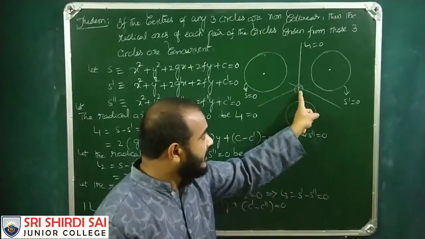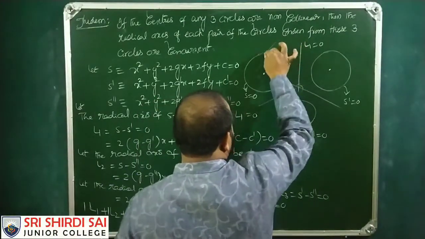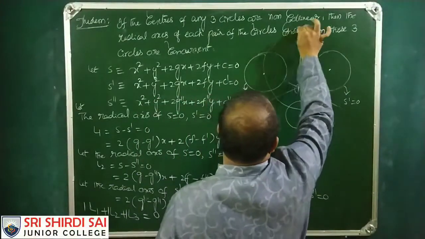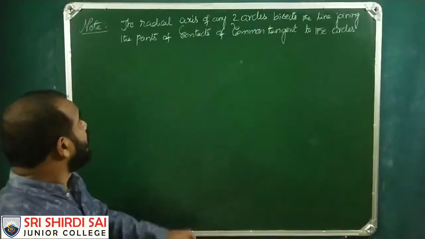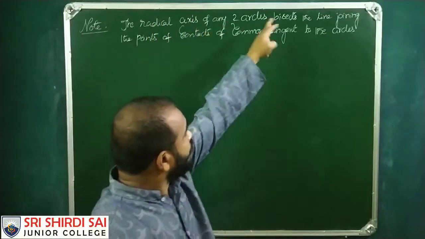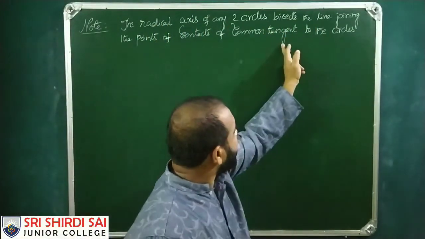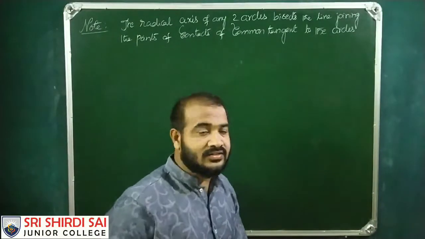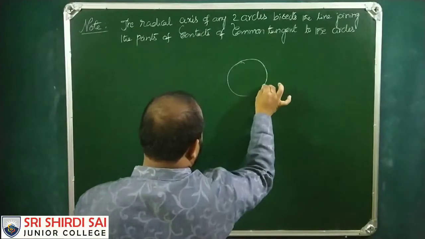Radical center. This is the radical center for the circle which is passing through these three circles, which we will be getting later on. The radical axis of any two circles bisects the line joining the points of contacts of common tangent to the circles. That is, for example, we have the two circles.